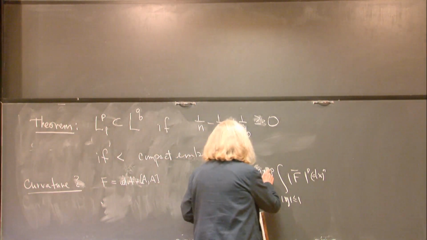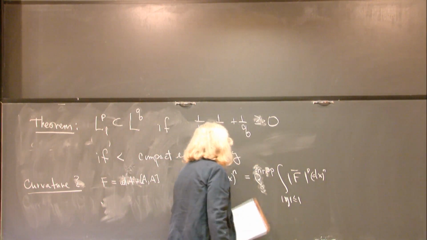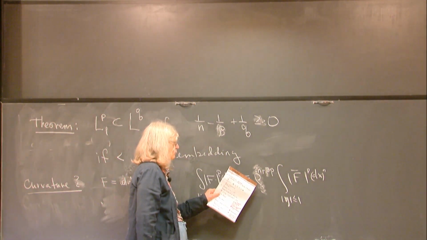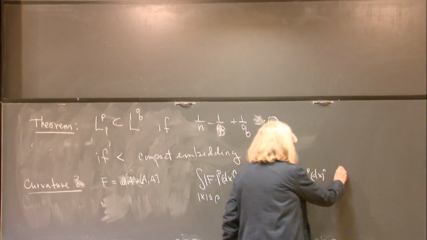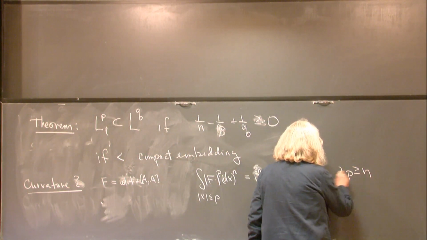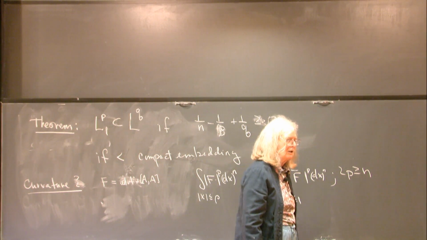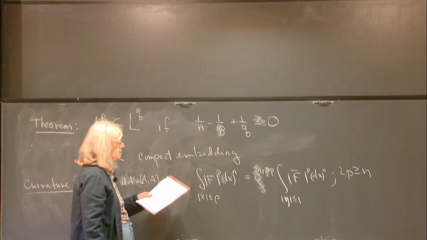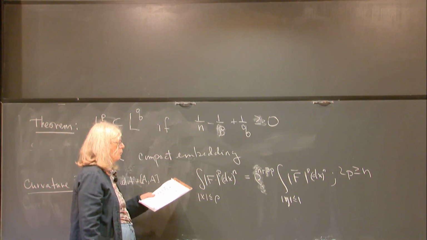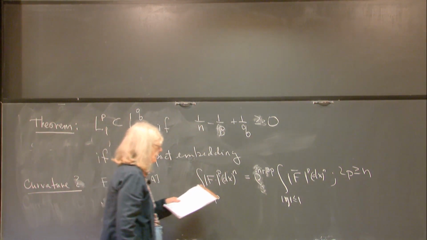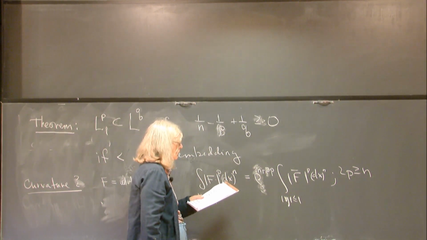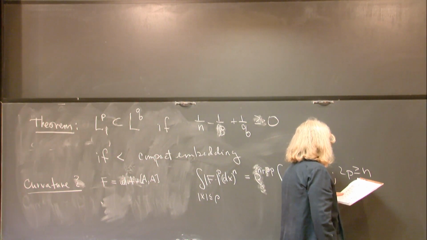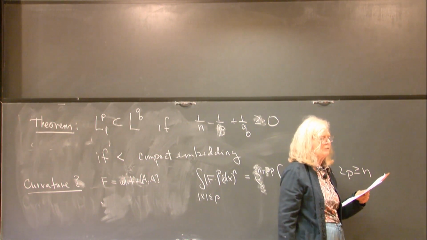Sorry, I have this backwards. Rho is small, so we want the curvature to get smaller, not bigger. And rho is small, so we want 2p to be greater than or equal to n to do analysis. So if we want to do some analysis in a naive sense, without getting more sophisticated, we're going to need estimates on the curvature in a space which is better than scale invariant, shall we say.